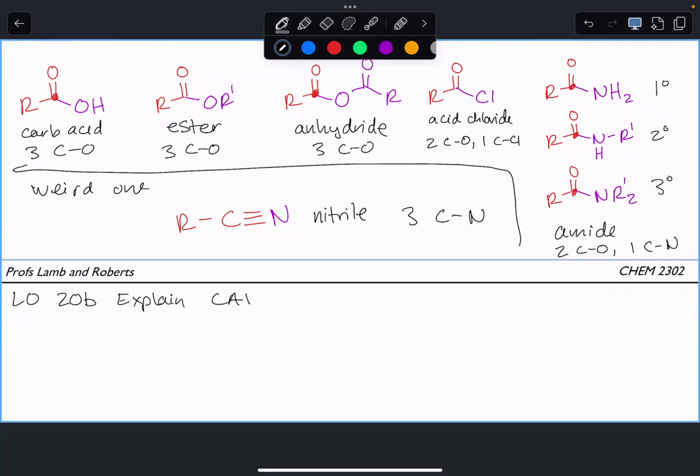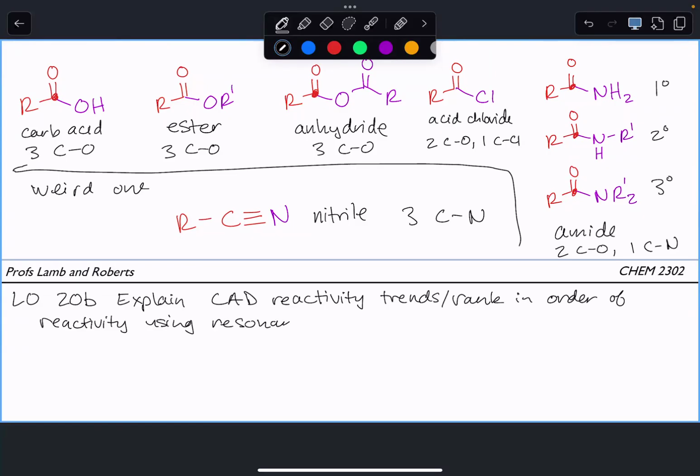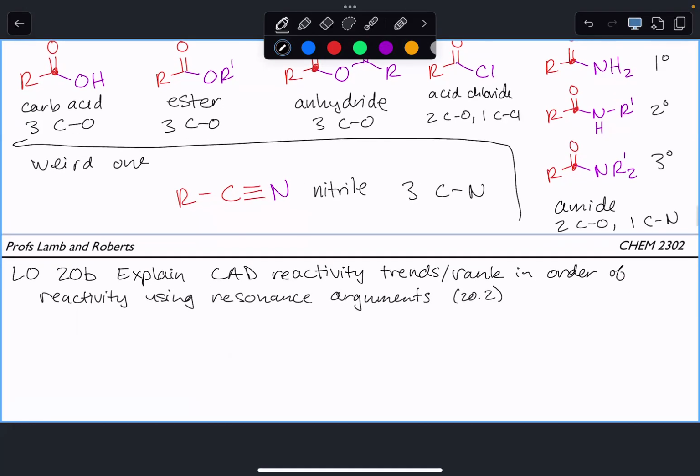Explain CAD reactivity trends, or rank in order of reactivity using resonance arguments. Which is section 20.2.